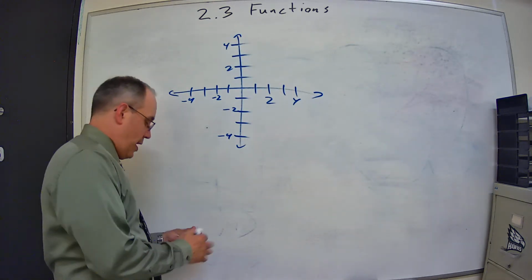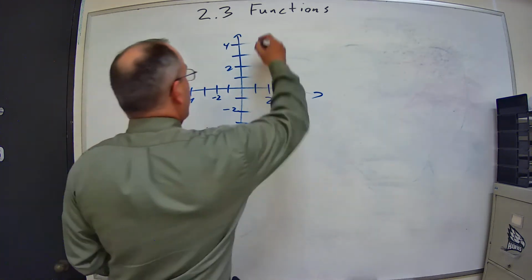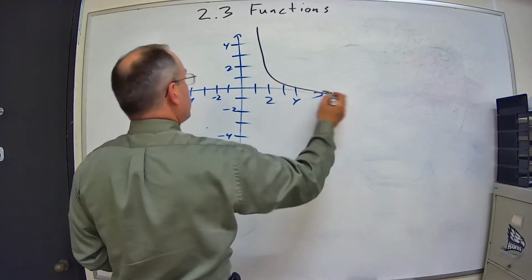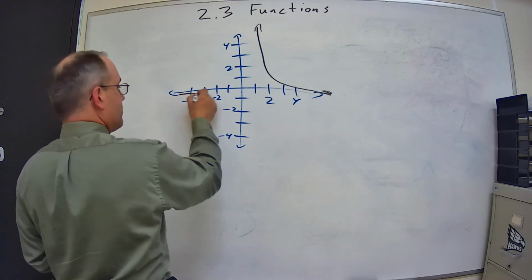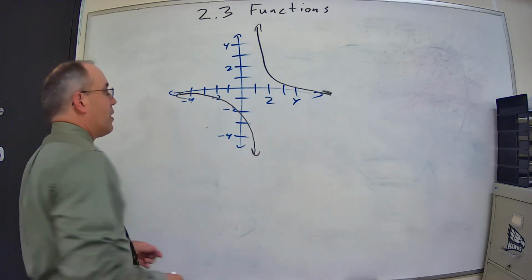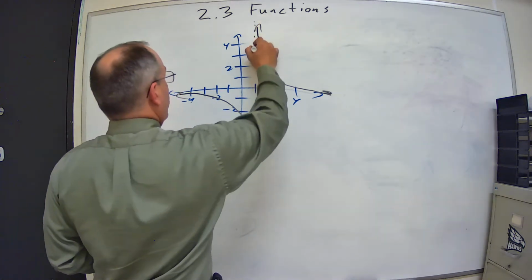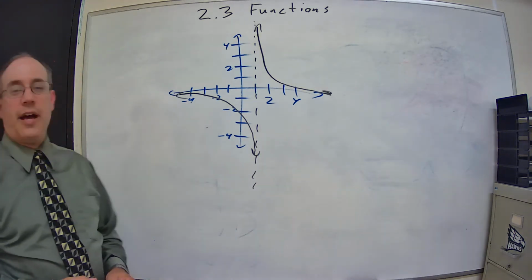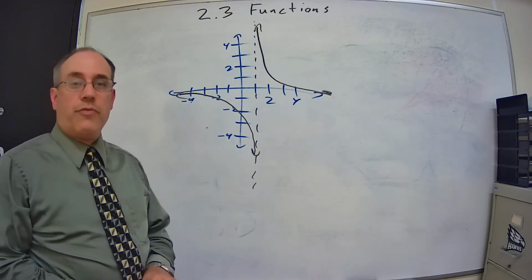So maybe we have a function that looks like this. So I have a function that looks like this, and just to make it a little clearer what we're seeing here, I'm just going to put a dotted line there. So what is the domain and range of this function?